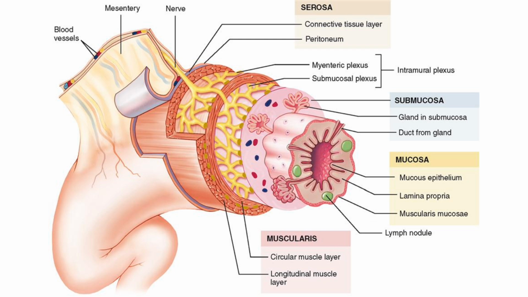True fleshy and muscular lips are present only in mammals. In fishes, amphibians, and most reptiles, the mouth is surrounded by simple lips. Next, oral cavity or buccal cavity.